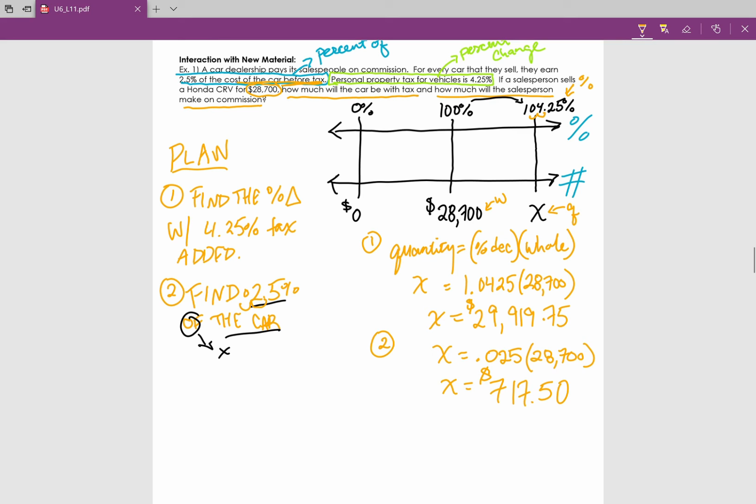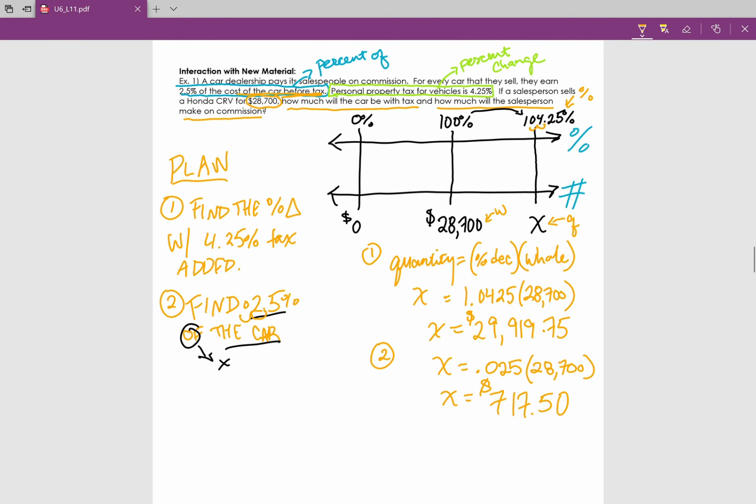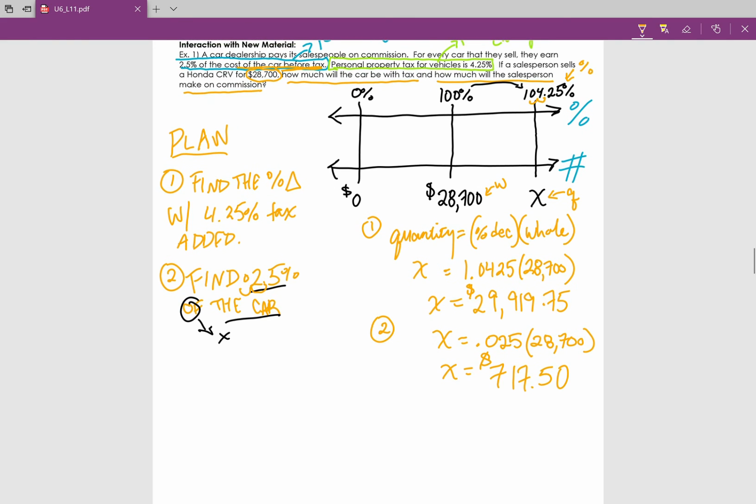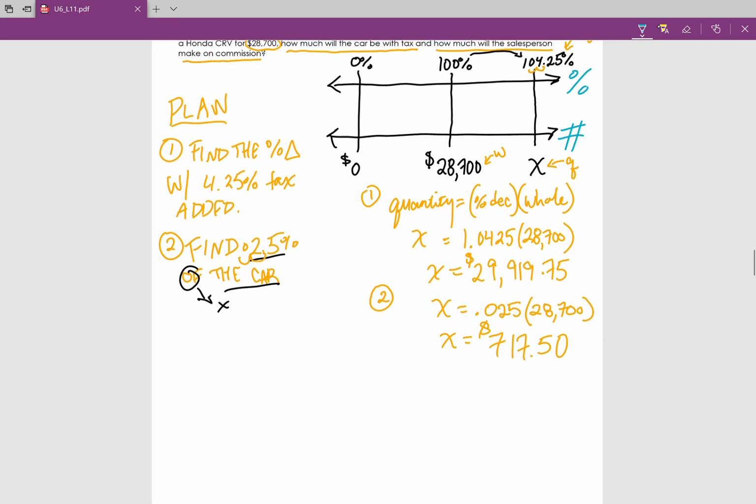And there we go. Our key point helped us determine if we were going to add on to the total or just find a little chunk of it. And let's go through the CFS so that we can do this successfully every single time.